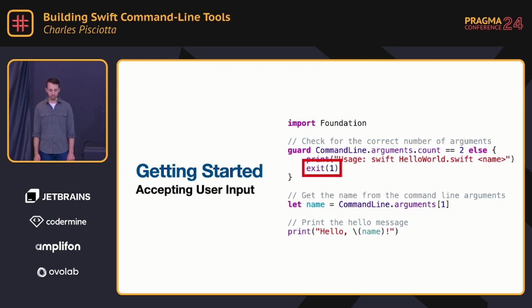Here, you can also see that I'm able to leverage exit, which is functionality within the Foundation library, which allows me to signal errors when things have failed, such as invalid input.